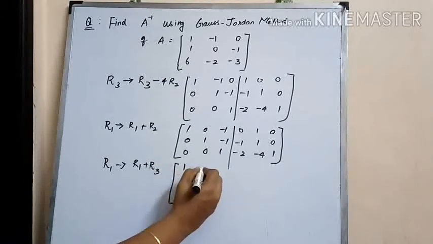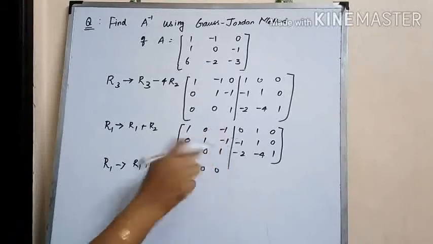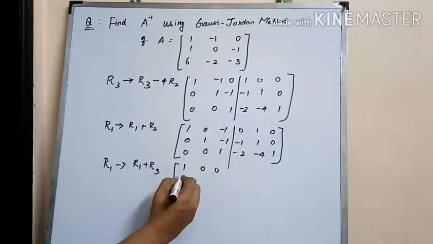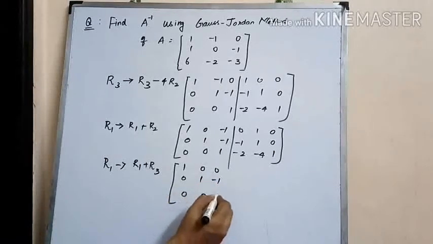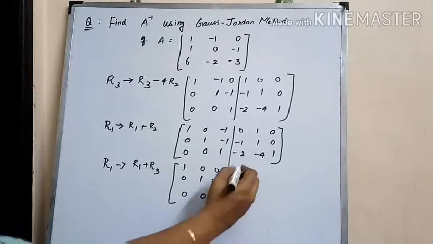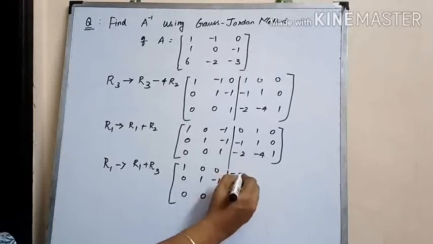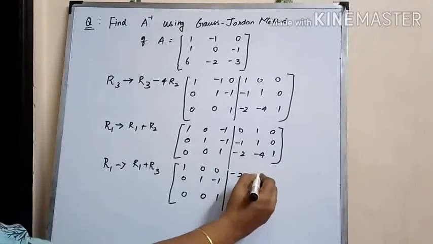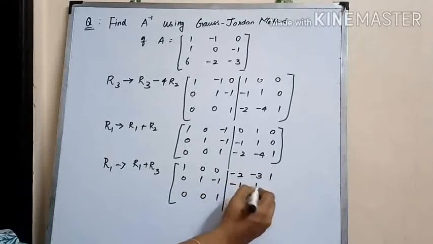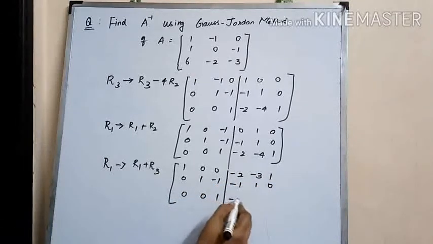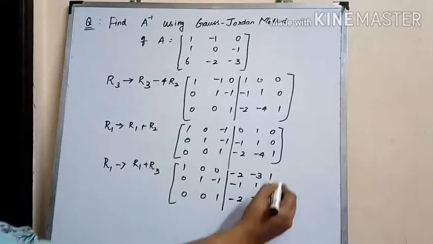So this and this will get cancelled and you'll get 0 there. So 1, 0, 0, 0, 1, minus 1, 0, 0, 1. This side will change to minus 2, minus 3 and 1, minus 1, 1 and 0, minus 2, minus 4 and 1.